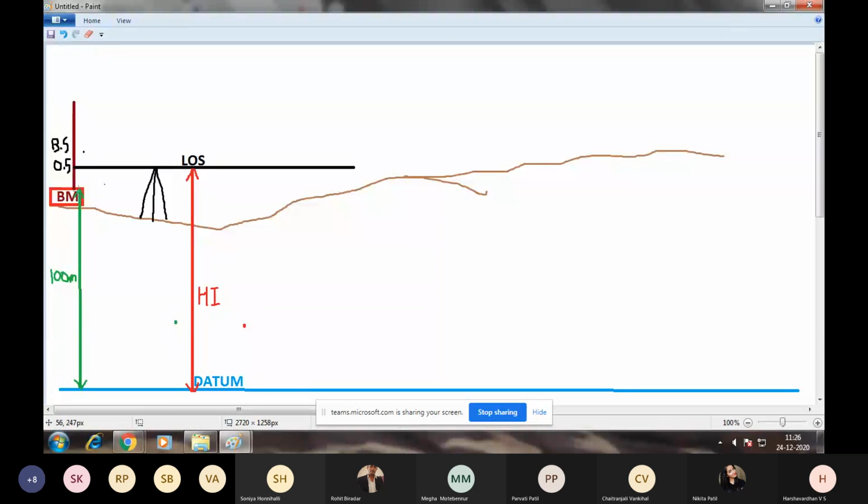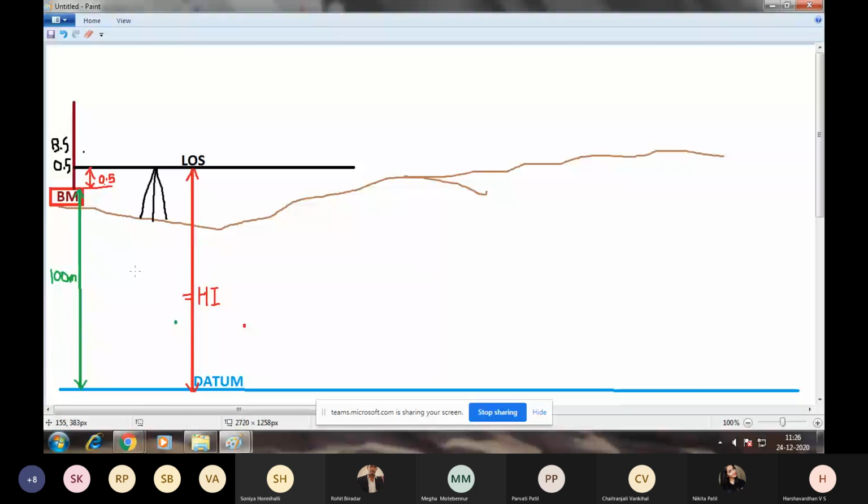Now height of instrument is equal to, up to this point it is 100 and this distance is 0.5. So what is height of instrument? Anyone? RL plus BS, sir.